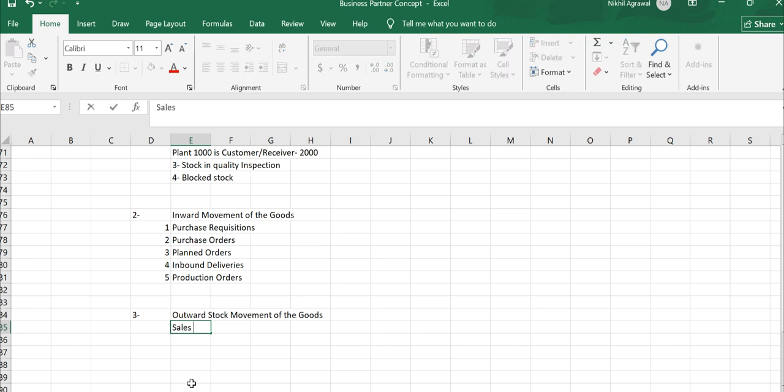It can be sales orders, deliveries, reservations, and other committed requirements.